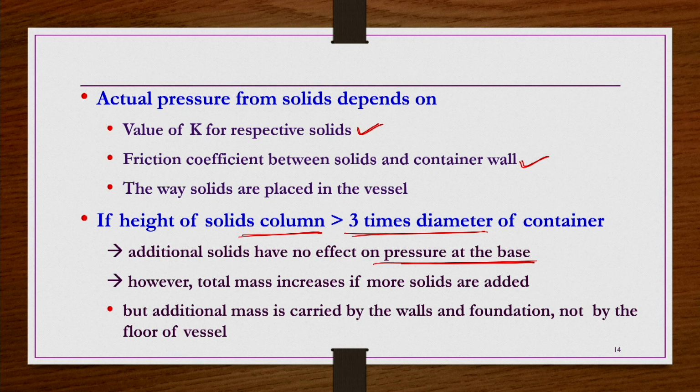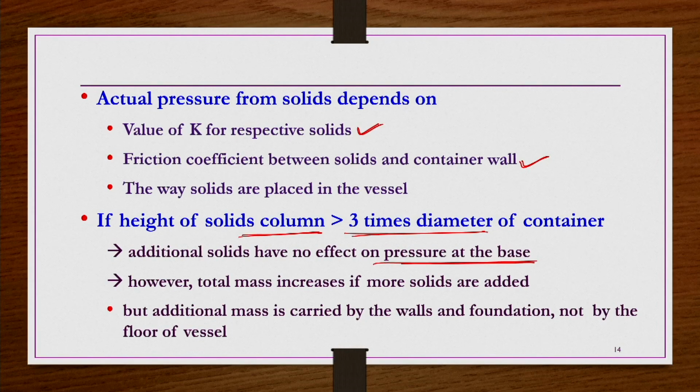Okay, so that additional mass, the frictional force that is offsetting this additional mass, or whatever pressure is there because of the additional mass, is taken care of by the foundation of the container. Foundation in the sense, let us say I have drawn only hoppers like this, but these are given some kind of foundation support, with cement or metal poles or something like that.